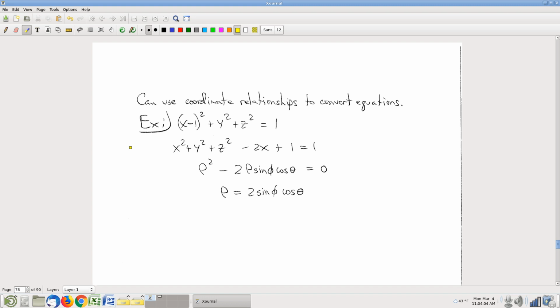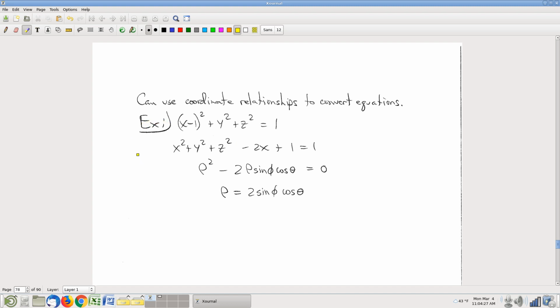Again, you can convert equations from rectangular to spherical, and likewise backwards. So one quick example, if you have this equation right here, it's now easy to recognize that that's a sphere. This is the equation of a sphere in rectangular coordinates. Suppose you want that equation in spherical coordinates. How would you get that? No big deal. Multiply it all out.